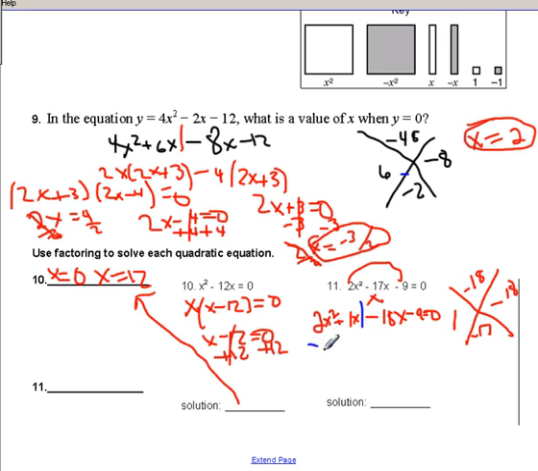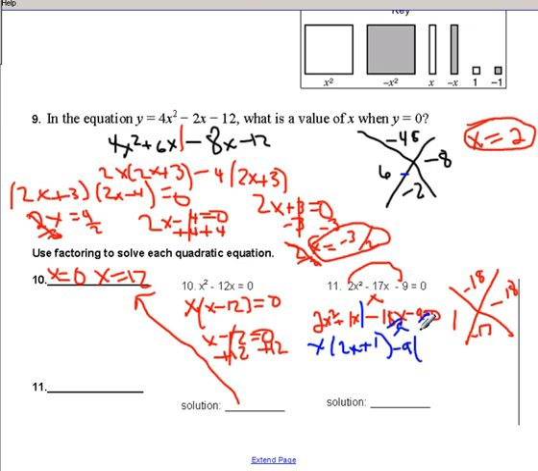GCF is x. Divide this by x, you get 2x plus 1. Our GCF over here would be negative 9, and divide this by negative 9.